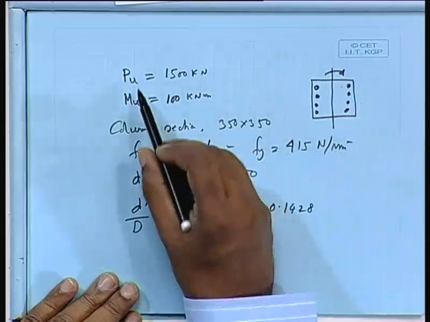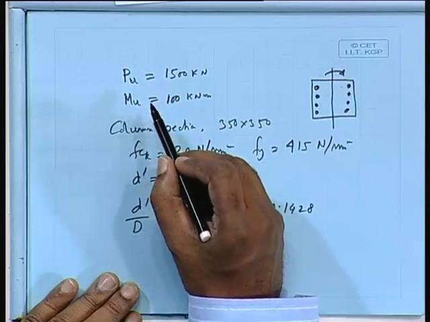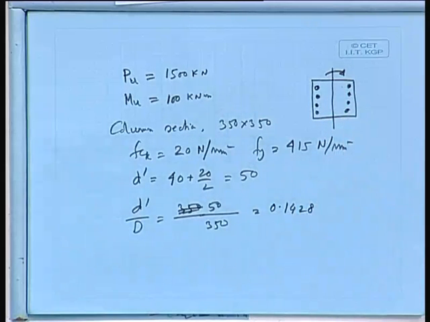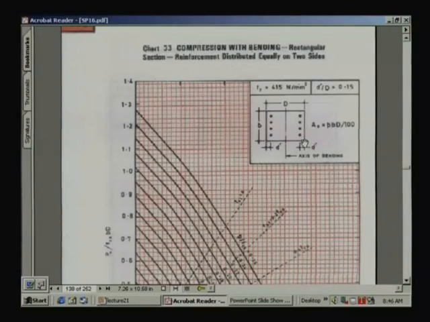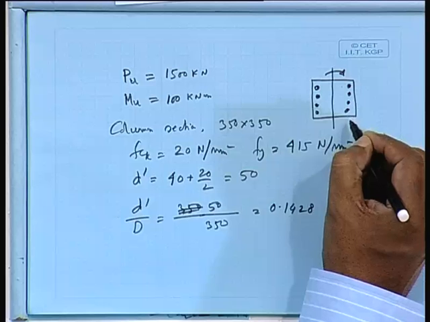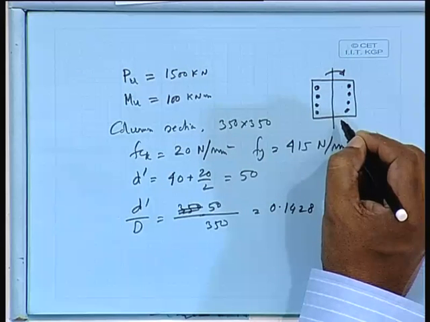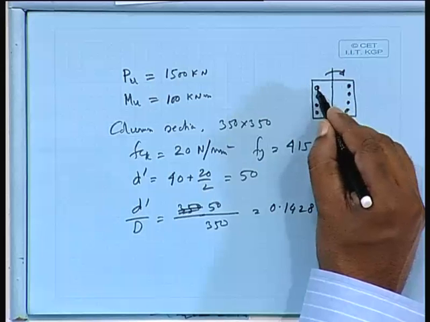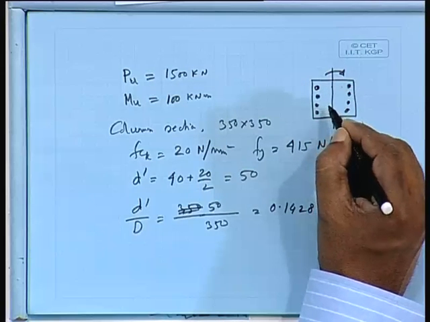We are having the moment, Pu and Mu. When we are having Pu and Mu, if we do not want to provide the reinforcement uniformly distributed on all four sides, I would like to get the maximum benefit instead. What I am interested in here is that we can provide the reinforcement along these two sides only, because for the axial load, wherever you provide the reinforcement does not matter.